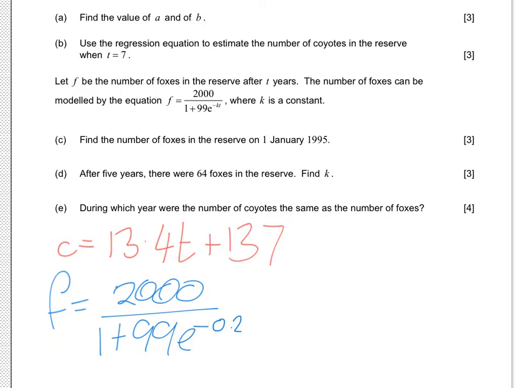That was our value of k from part D times t. So I've got two equations and I want to find out when they're equal. So it's another case of plotting that in a graph.